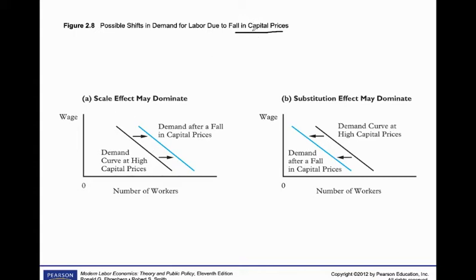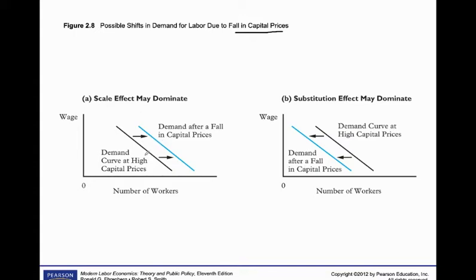Now let's take a case when the price of capital is falling. Due to the falling capital price, firms can now get more capital at a much cheaper price. Therefore, that would boost the production of the goods produced by these firms. And this is basically the idea of scale effect: higher production of those products.